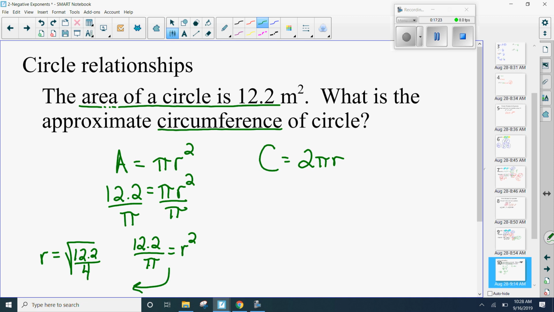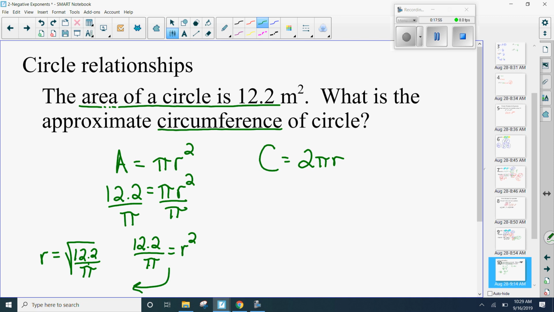What I was saying, okay, that is pi. And 12.2 divided by pi is right around 4, right? That's known as the radicand of that square root. The square root of 4 is approximately 2. Now you can take your calculators if you wanted to for that particular part.